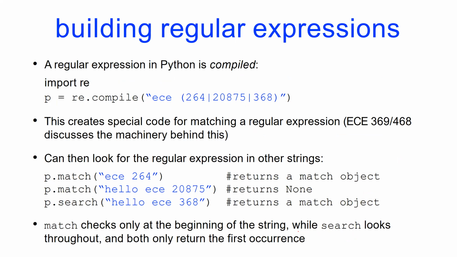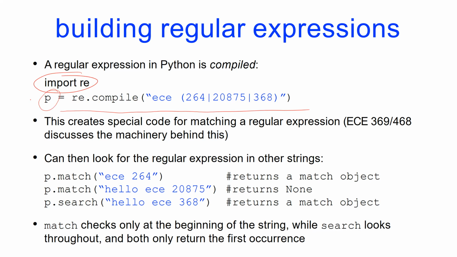So in Python, how do we build a regular expression? A regular expression in Python is compiled. So we must do import re to import the regular expression module. And then we can call re.compile, which compiles a regular expression and assigns it to p.